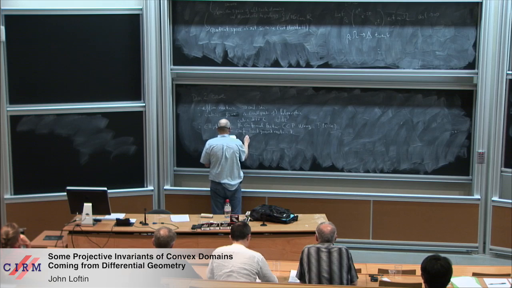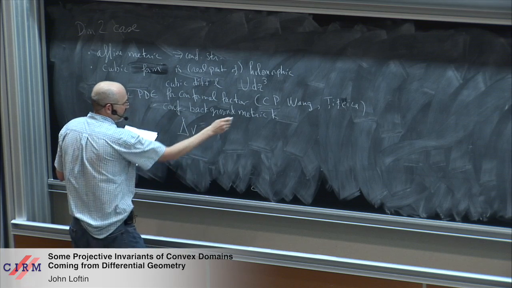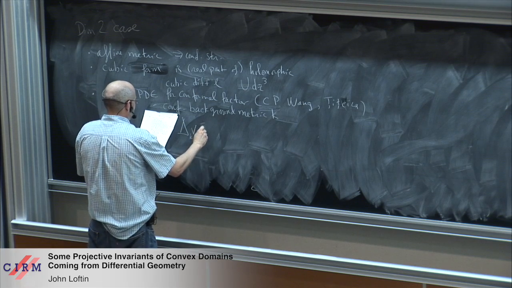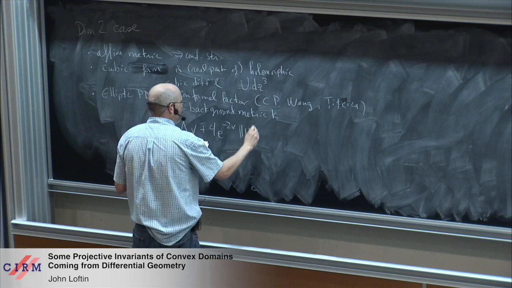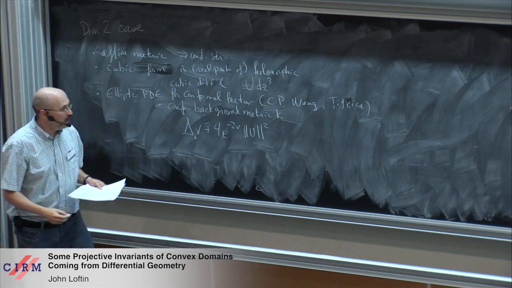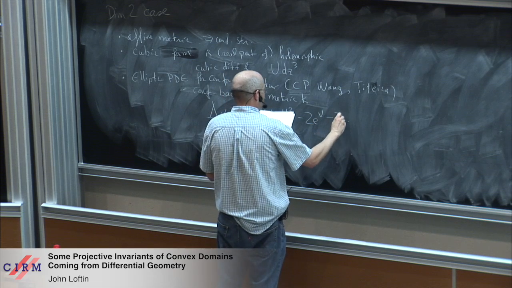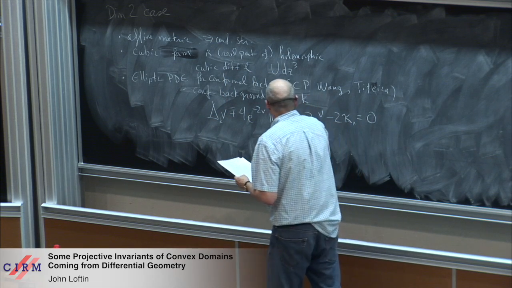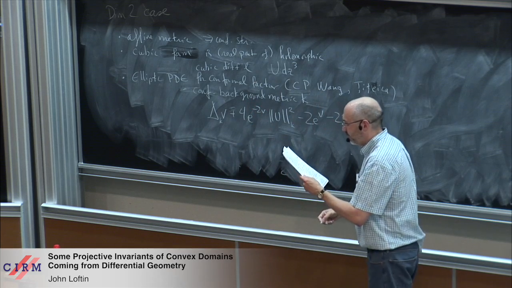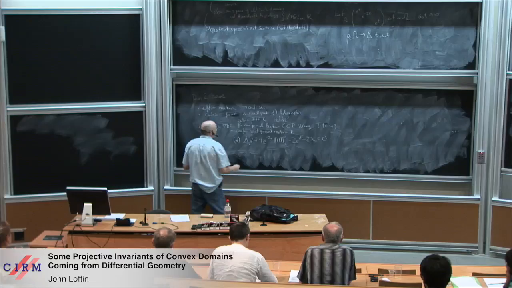Okay. And so if you satisfy this elliptic equation, Laplacian of v, with respect to k, plus 4e to the minus 2v, the norm of U squared with respect to k, minus 2e to the v minus 2 kappa, where kappa is the Gauss curvature with respect to k, is equal to 0. Okay.